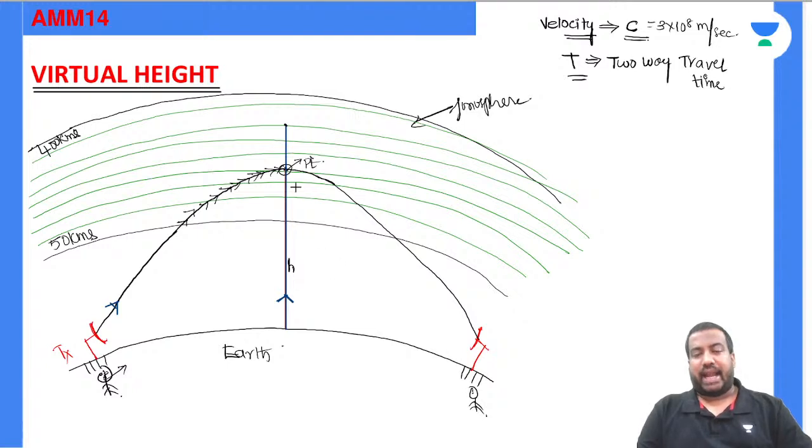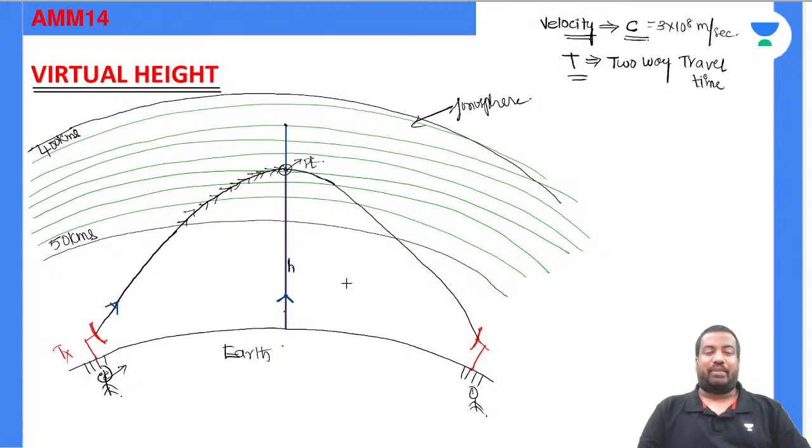How much will be the time if t is a two-way travel time? For example, you had sent it vertically upwards at 6 a.m. You got the signal back at 6:01. The signal that you had sent is received back at 6:01. So how much is the time taken for the wave to reach this point and come back? Example, only example. 1 minute is a very big time.